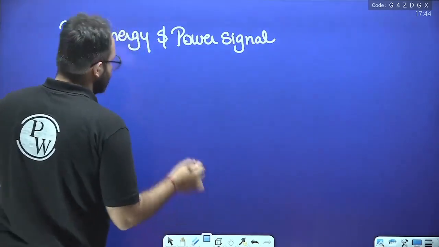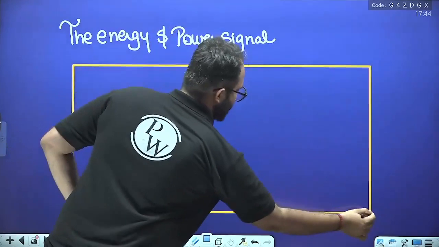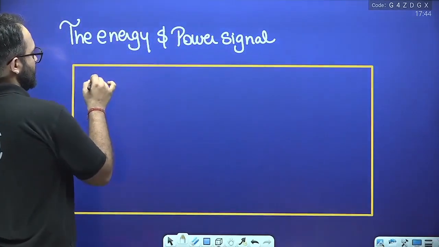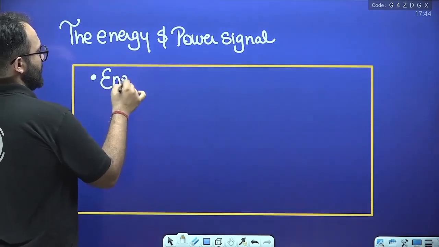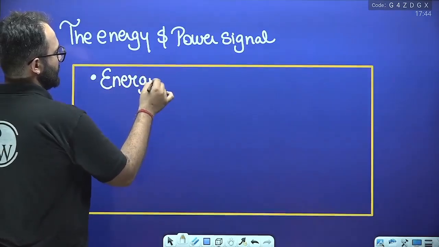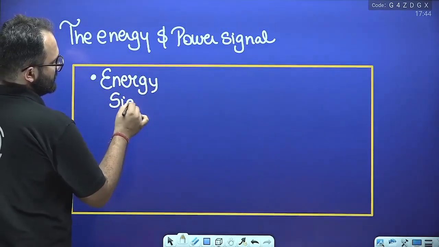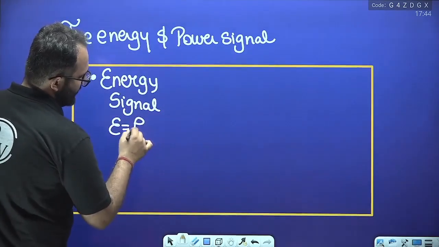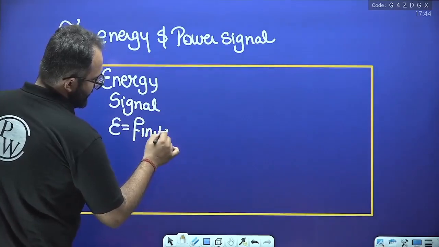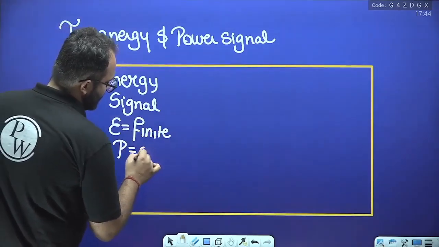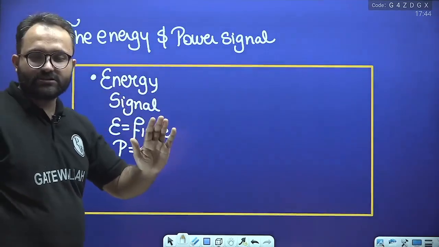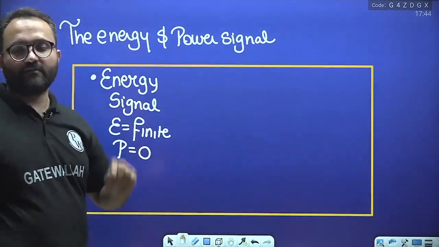Just a moment, let me make a chart for it. Any signal, if it is an energy signal, then its energy is finite and power is 0. Always remember that. If we know that it's an energy signal, then energy will be finite, but power will be 0.